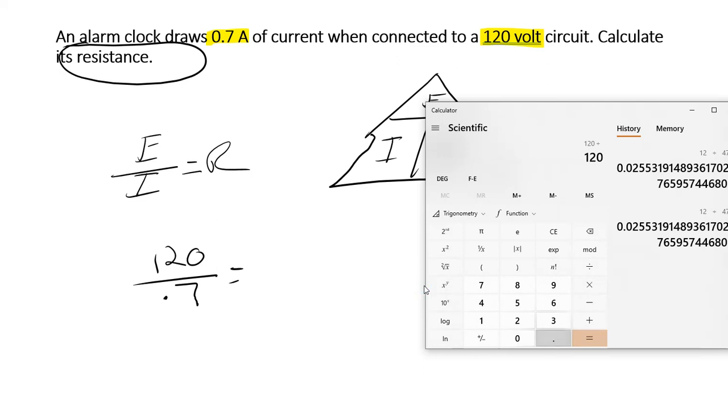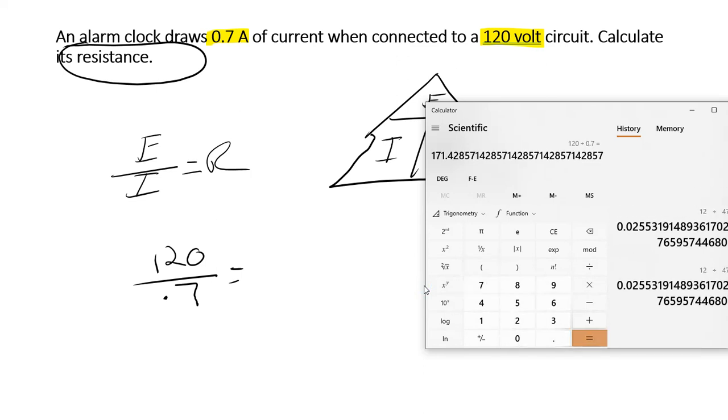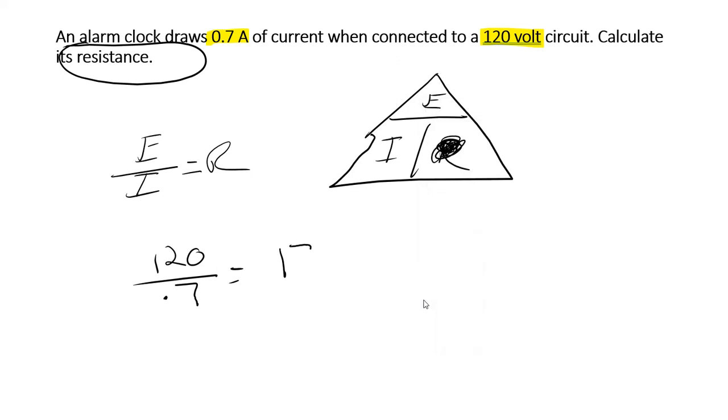Don't forget the point. You guys do this a lot. It equals some crazy number for resistance. And I'm just going to keep it a whole number. So 171.4. 4 is lower than 5, so I'm not going to round it up. So it's going to be 171 ohms.